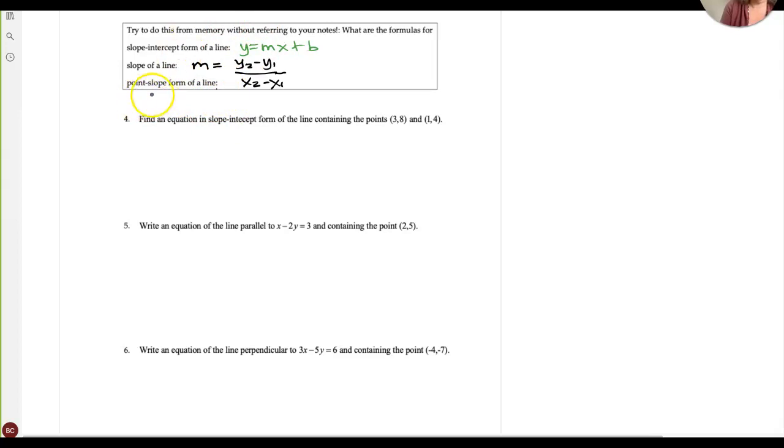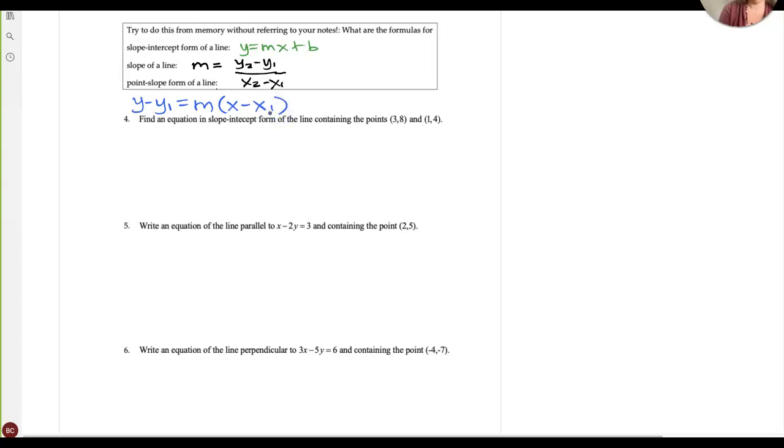Okay, so somebody else that hasn't said anything yet, what is the point slope formula? y minus y1 equal to m parentheses x minus x1.